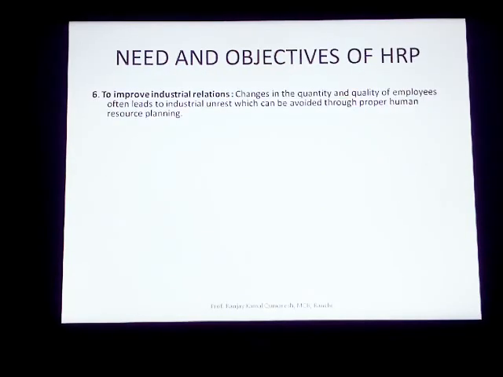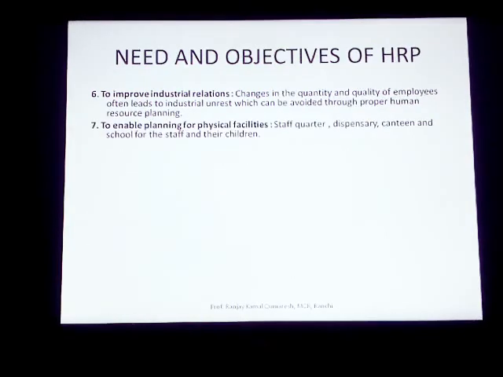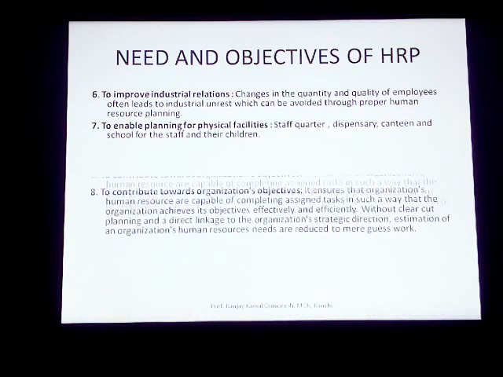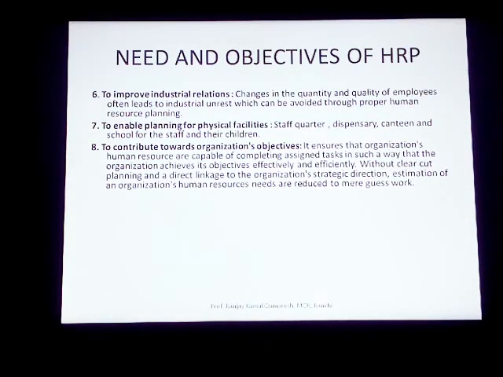To improve industrial relations, changes in the quantity and quality of employees often lead to industrial unrest, which can be avoided through proper human resource planning. To enable planning for physical facilities, staff quarter, dispensary, canteen, and school for the staff and their children. To contribute towards organizations' objectives.